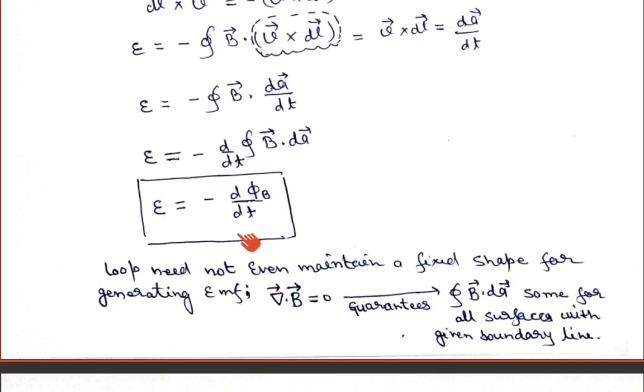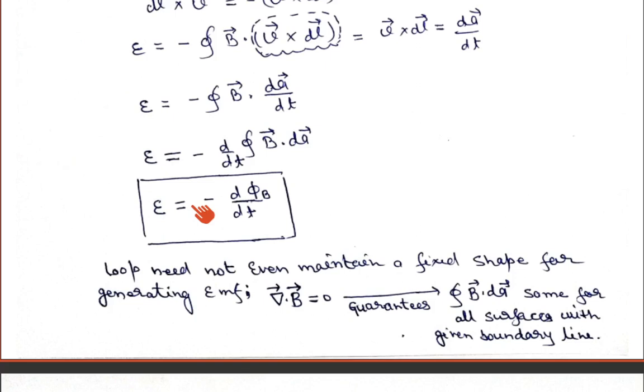In order to generate the EMF, it is not necessary that the loop be a square, circle, or rectangle. Even if the shape is not maintained, any arbitrary closed loop will generate an EMF.